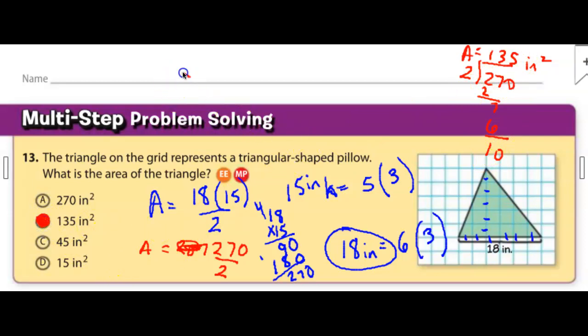And the one thing that we had to make sure we paid attention to so that we didn't get this incorrect would be scale. If we had ignored the fact that that wasn't 18 blocks and just said 18 times 5 divided by 2, we would have found this incorrect answer, but that is not going to be the right answer.